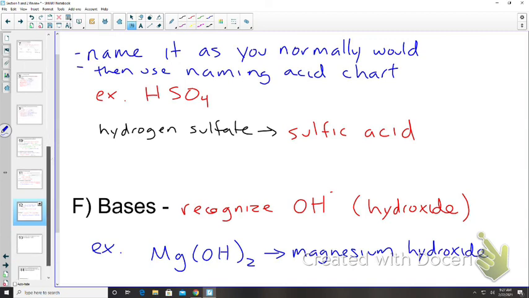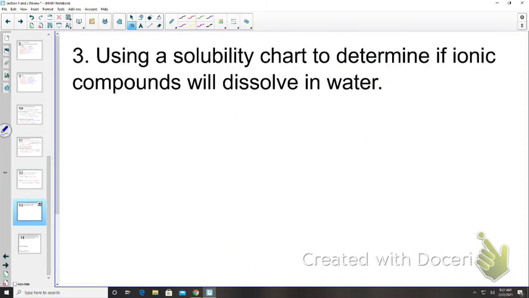Okay, last thing we need to talk about today. Again, make sure you guys are able to use a solubility chart to determine if ionic compounds will dissolve in water. So let's do, for example, barium sulfate. So BaSO4. Okay, so if you use your polyatomic ion chart, you'll see sulfate has a charge of -2, barium has a charge of +2.